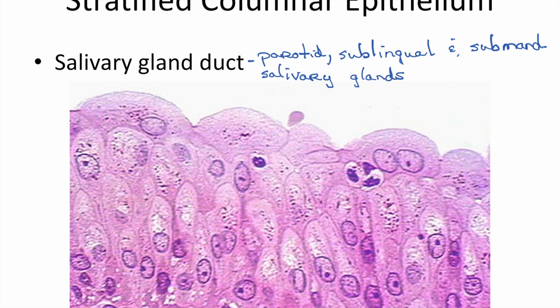So the cells look approximately columnar in shape. There are multiple layers of them, and so you get stratified columnar epithelium.